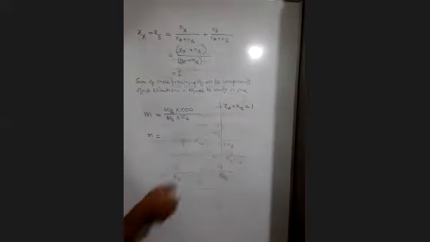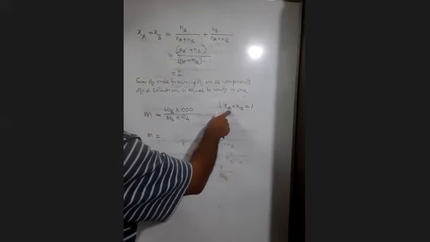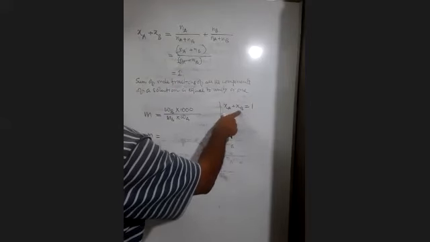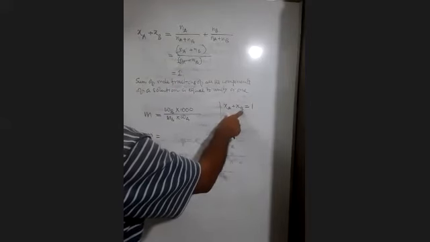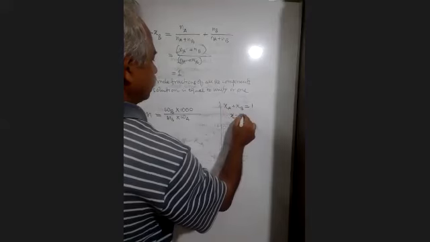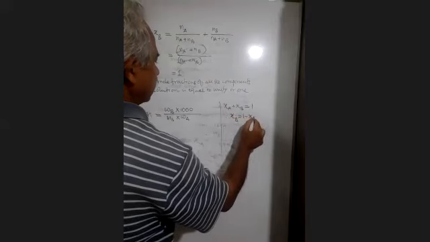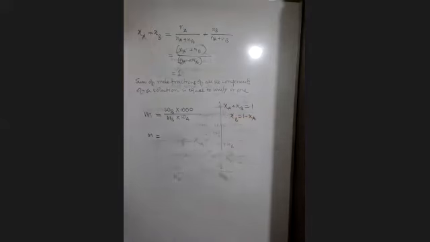See, if you know the mole fraction of this one, and if you don't know this, what you can do? The chi B is equal to 1 minus chi A. All right. So this one we can write as another equation.